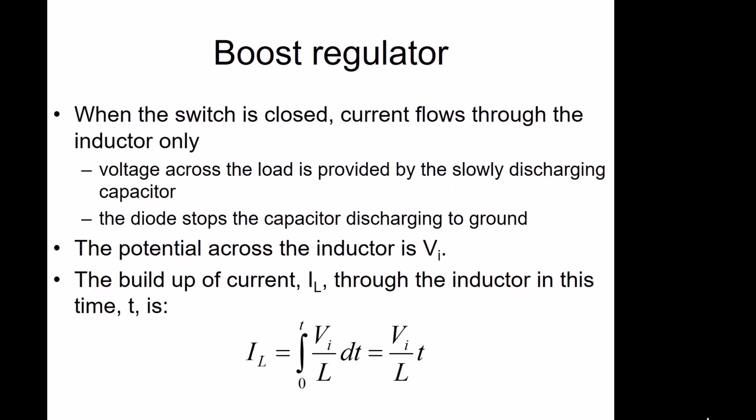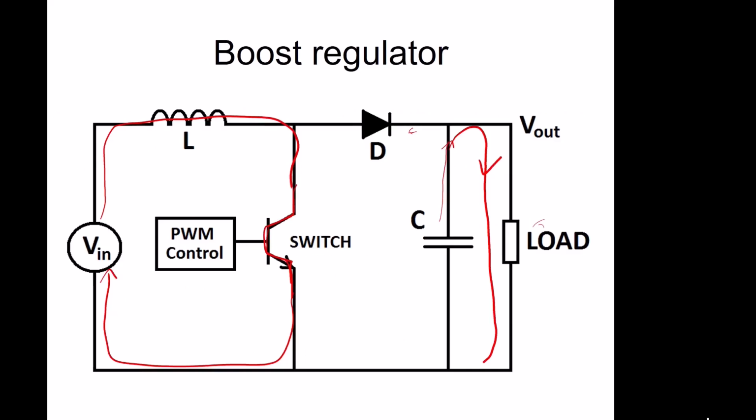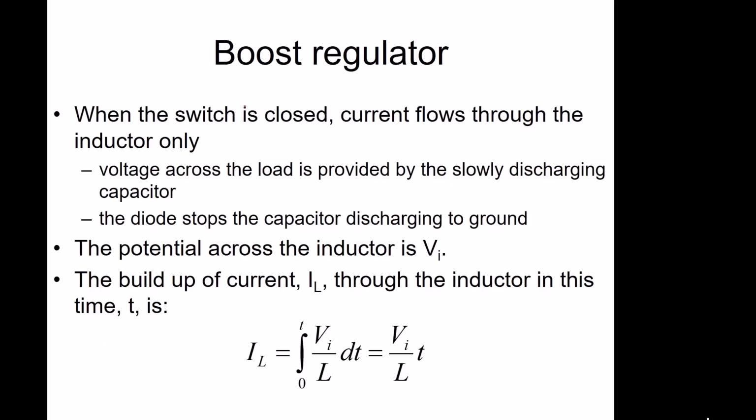So we can say when the switch is closed, the potential across the inductor here is V in at this side, and this is now connected to ground here, so this is 0. So the potential across the inductor is V in, and therefore the buildup of current, similar to the previous case, we integrate for the time when the switch is closed, 0 to t, and we get this term out.